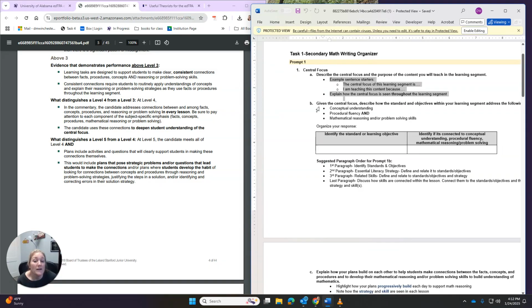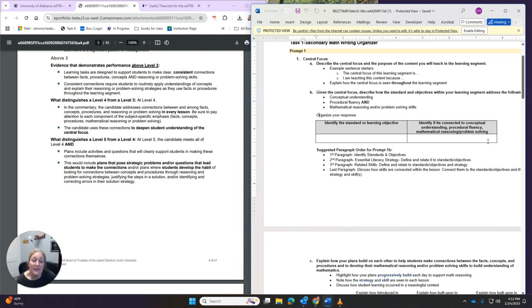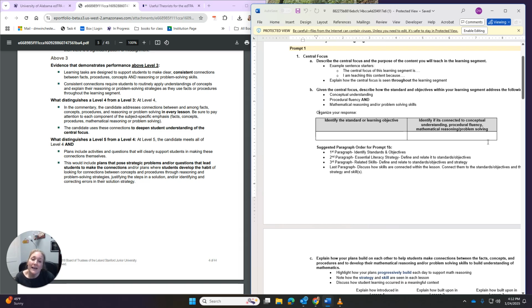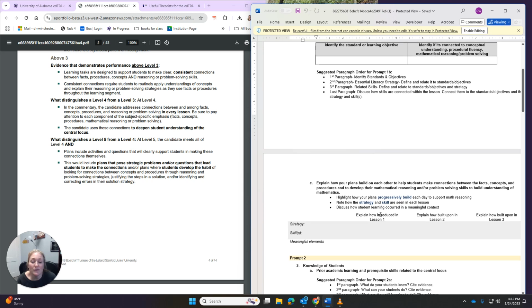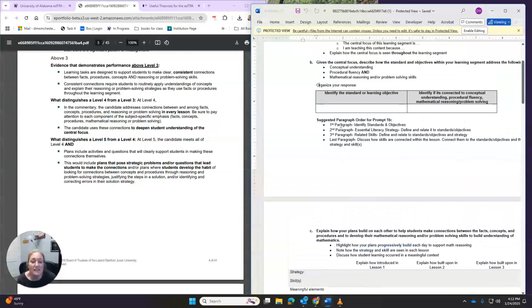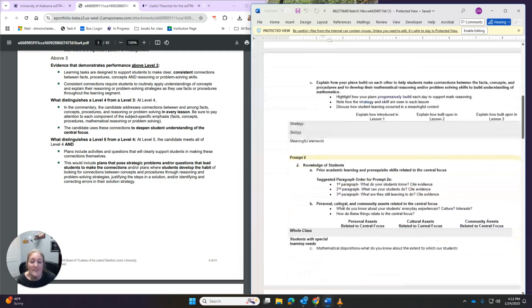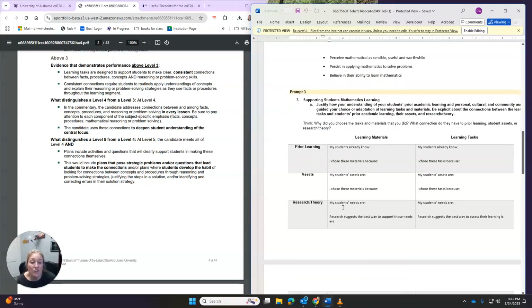Then in 1B, there is a graph that could help you to identify the different parts that you need, and you're going to see similar things throughout. So just like we've got an organizer for different paragraphs, different charts to help you organize.